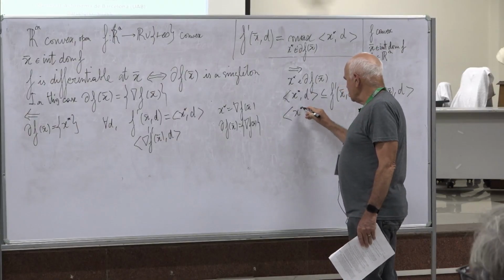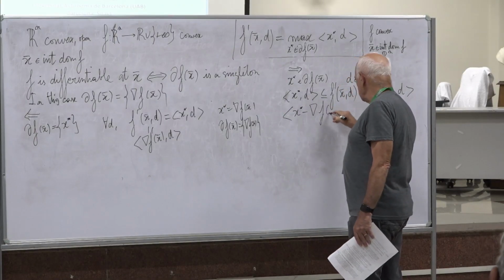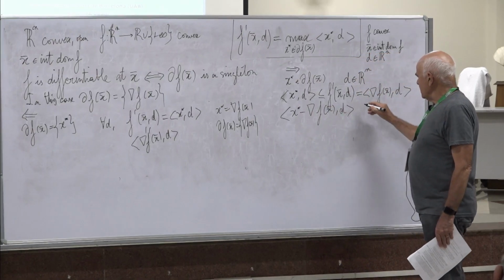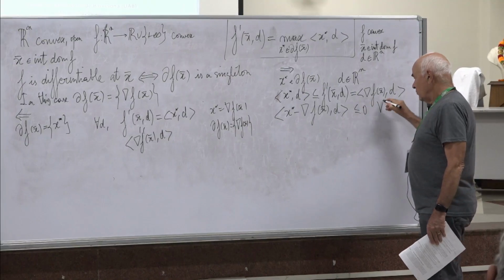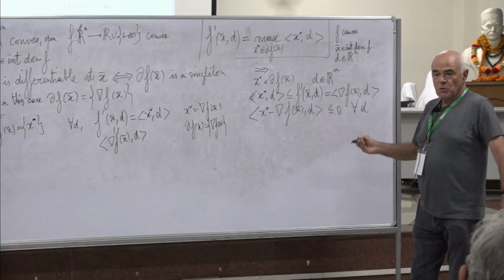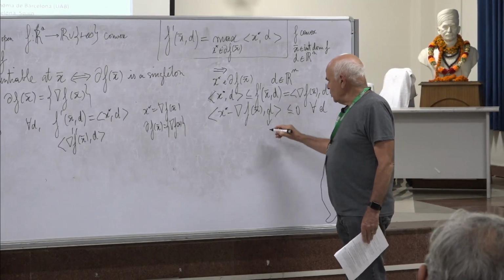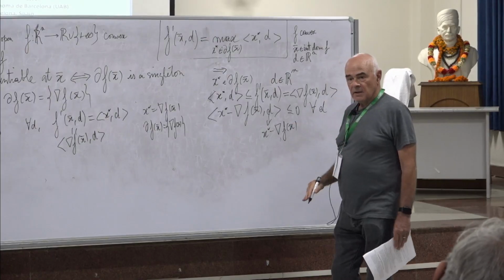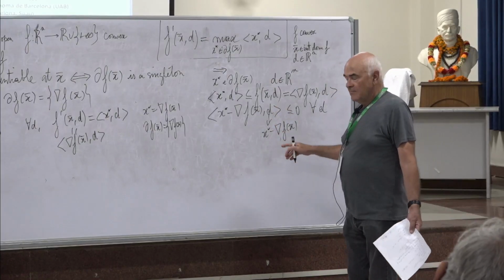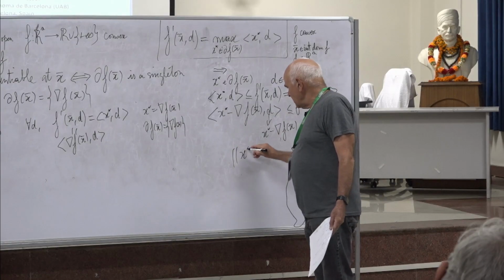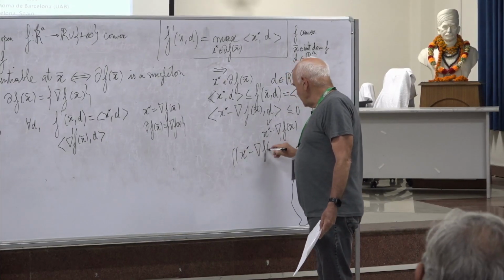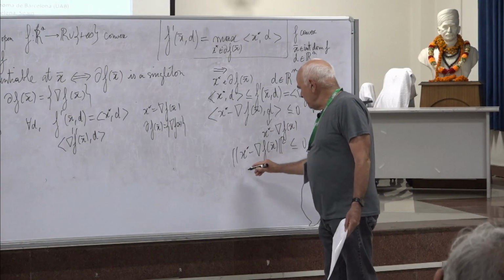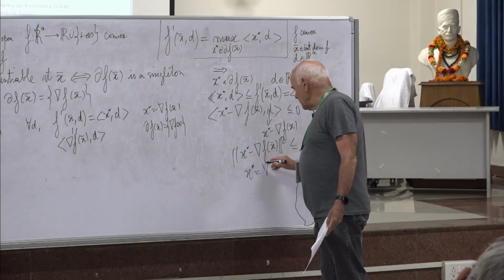Here you have x star minus the gradient of f at x bar times d less than or equal to 0 for every d. If this is true for every d, in particular, this is true for x star minus the gradient of f at x bar. I can put any vector here. And then I am getting the norm of x star minus the gradient of f at x bar squared less than or equal to 0, which implies that x star is the gradient.